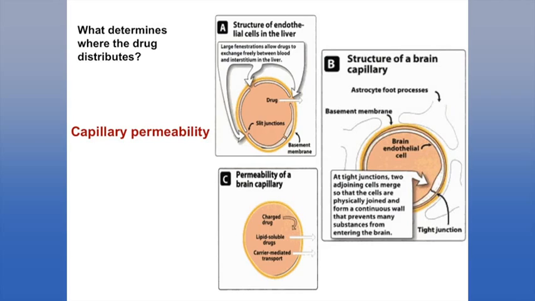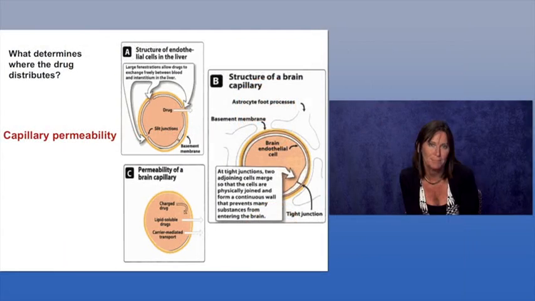So the permeability concept we're trying to emphasize is shown in panel C, where there is very limited ability, certainly for aqueous or water-soluble molecules, to cross through that impermeable blood-brain barrier, or that impermeable basement membrane, with the absence of these fenestrations or slit junctions along the cell membrane or the basement membrane.